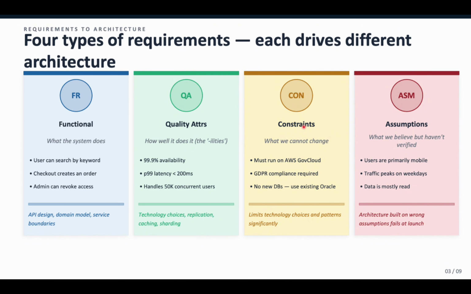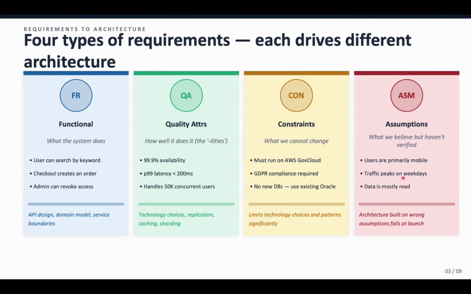Cannot add new databases, because the company already has an Oracle license and an operations team that only knows Oracle. So these are some constraints, and constraints narrow your solution space, sometimes dramatically. The architect who ignores constraints will design a perfect system that nobody can actually deploy.